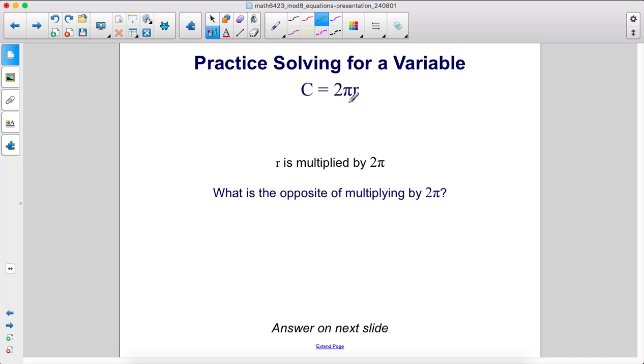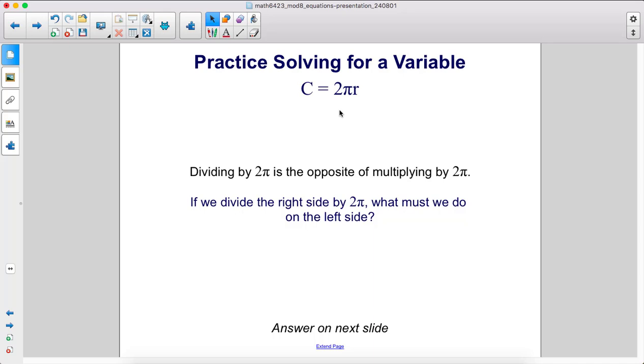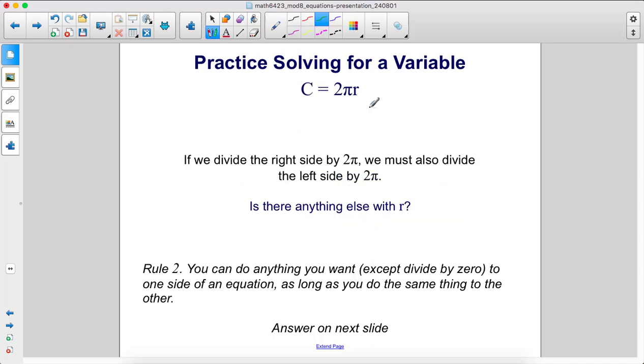What is the opposite of multiplying by 2 pi? Dividing by 2 pi is the opposite of multiplying by 2 pi. So if we divide the right side by 2 pi, what must we do on the left side? If we divide the right side by 2 pi, we must also divide the left side by 2 pi.